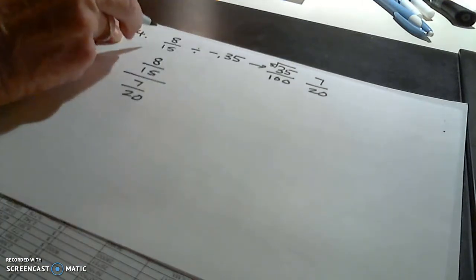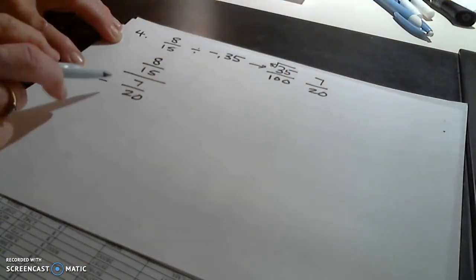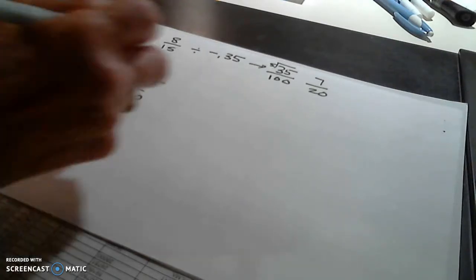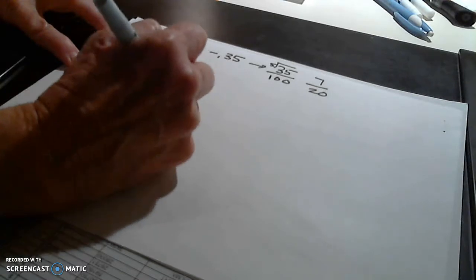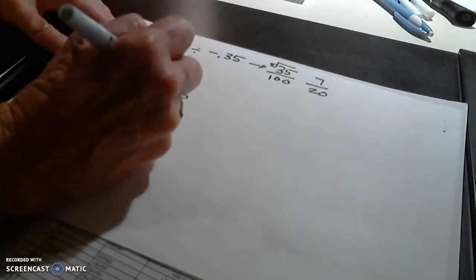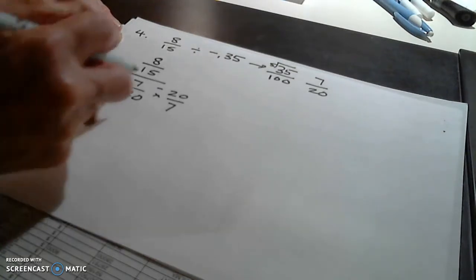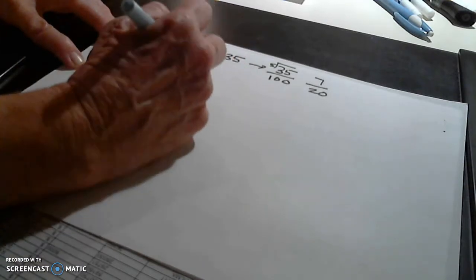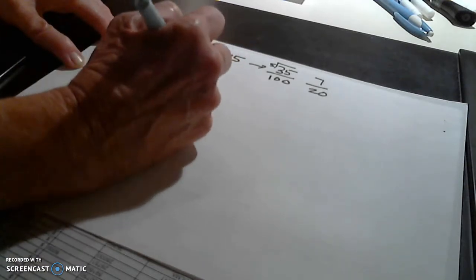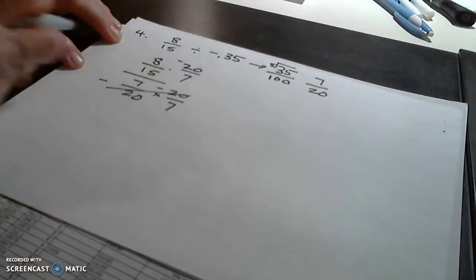The 8/15 is positive, but the 35 is negative. So once again, what I'd like to do is remove the 7 over 20 by multiplying it by its reciprocal, 20 over 7. And I'm also going to do that as a negative because I want it to turn into a positive 1. So once I multiply the bottom by the reciprocal, I have to do the same thing to the top. 20 over 7, again it's a negative. Multiply these two things together.